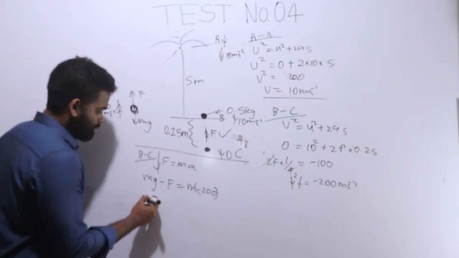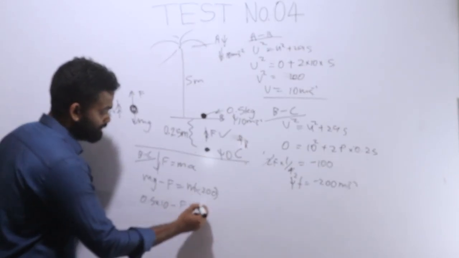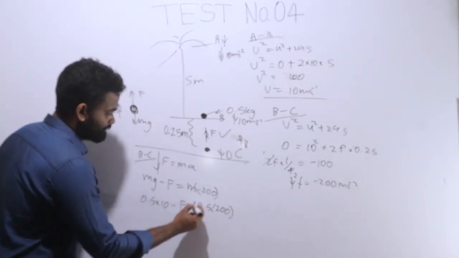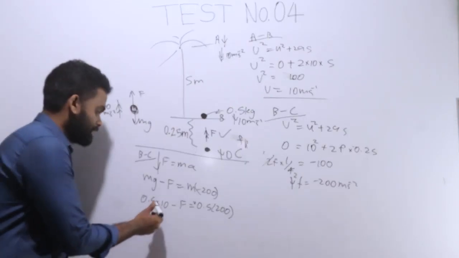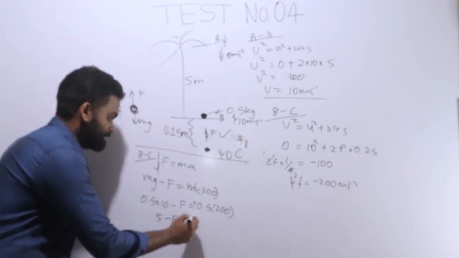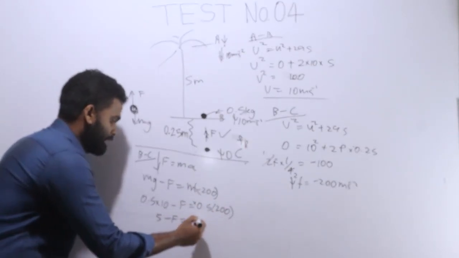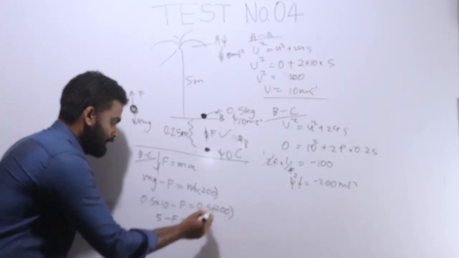m is 0.5 kilogram, g is 10: mg minus F equals m times a, with m 0.5 and a 200. So 0.5 times 10 means just 5, minus F equals half times 200, that is minus 100.